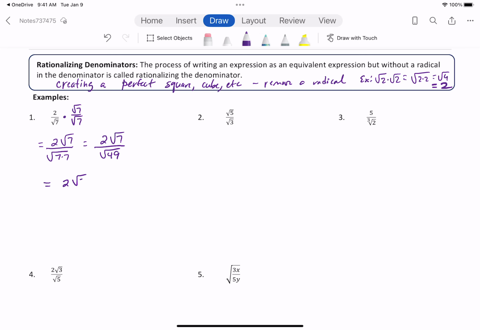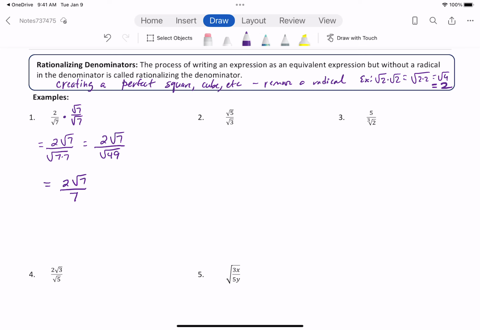And then we have created a perfect square under the radical in the denominator. So we know that the square root of 49 is 7. So this is my final answer. And again, yes, I do want to see the steps because this is the process that I'm going to be assessing. Okay?